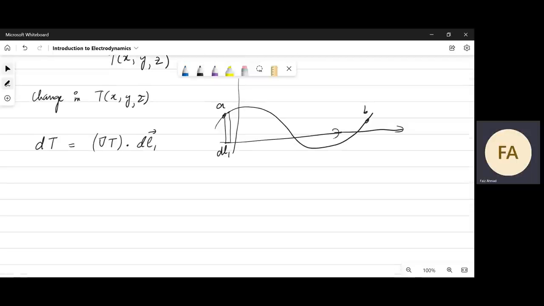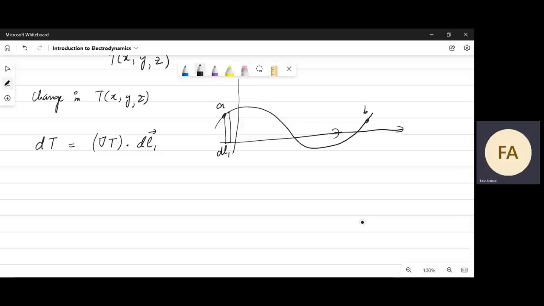This time we don't have a one-dimensional variable but a three-dimensional function. To take the derivative, we have to apply the gradient. So the change in T is the gradient of T times the distance, and so on.